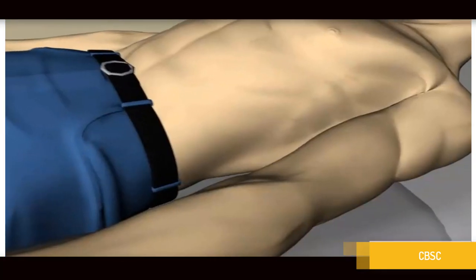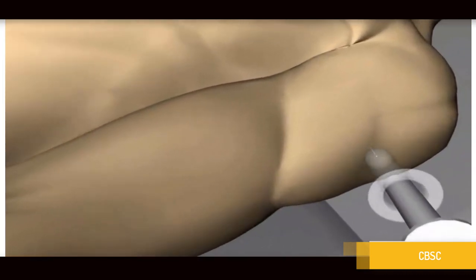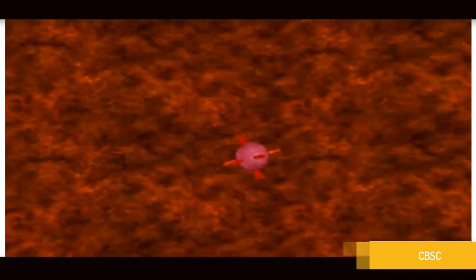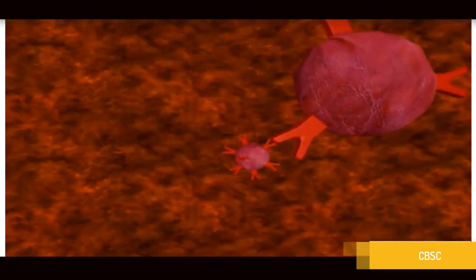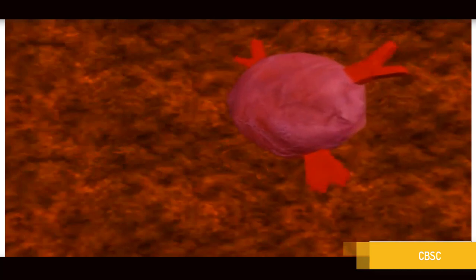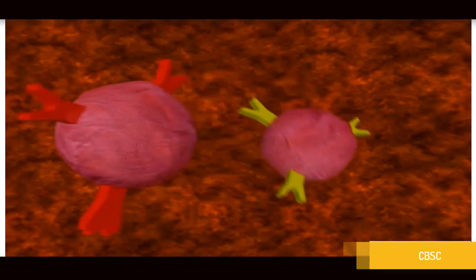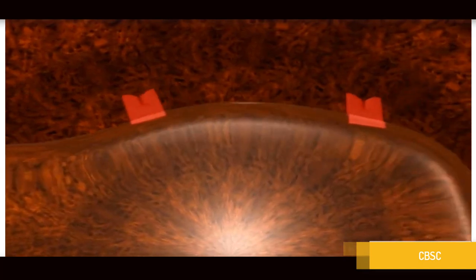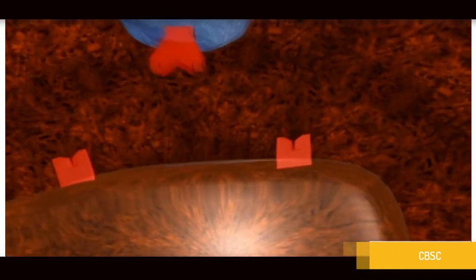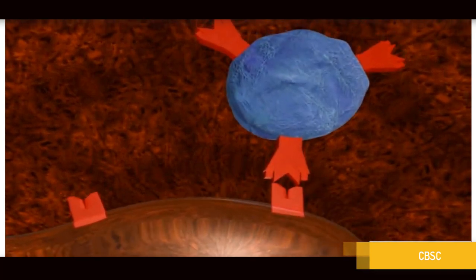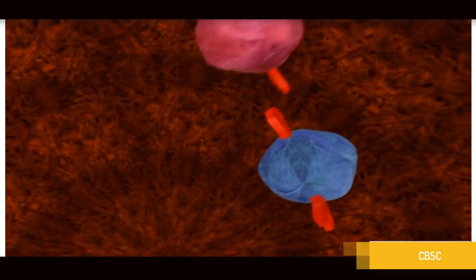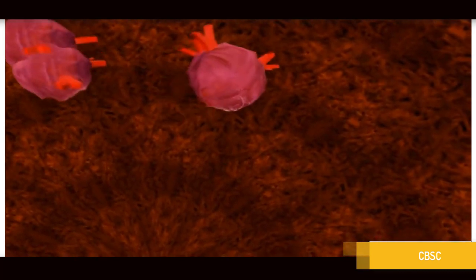When dead or weakened microbes are introduced into a healthy body, the body forms antibodies to fight and kill these microbes.